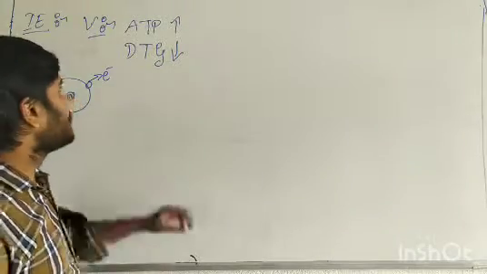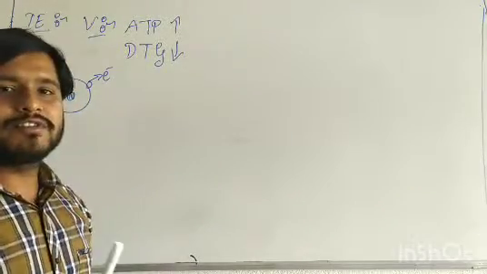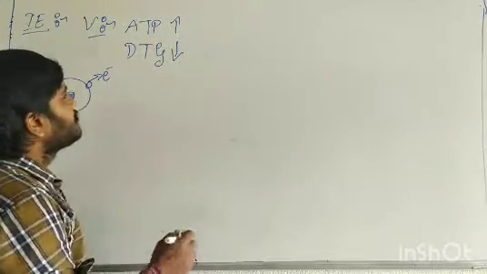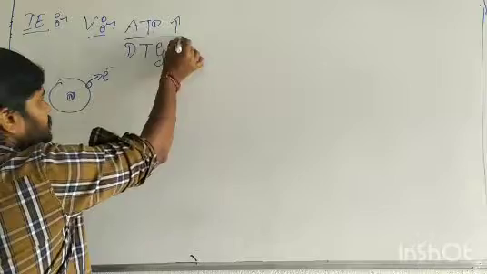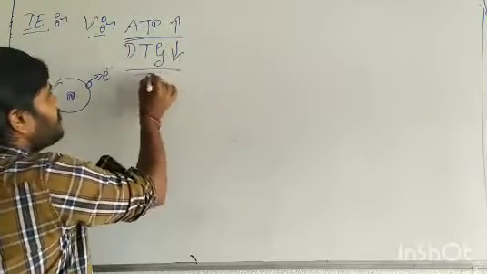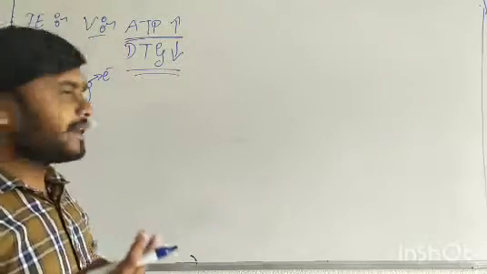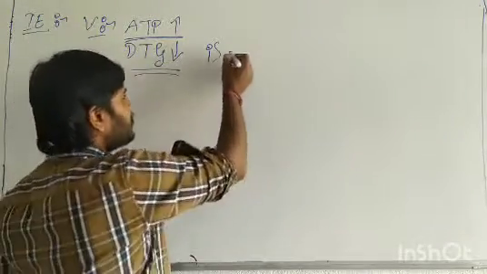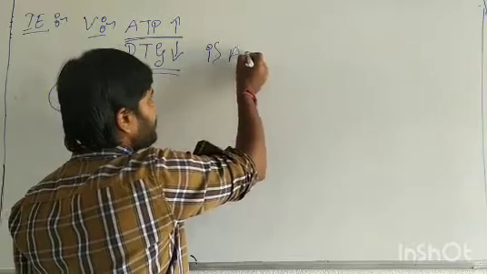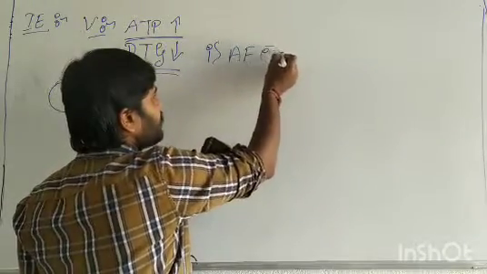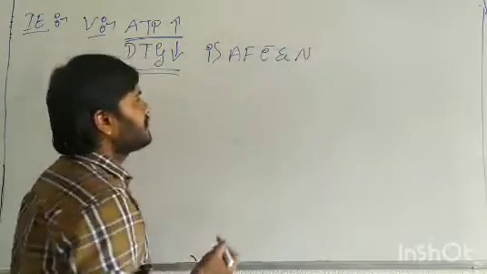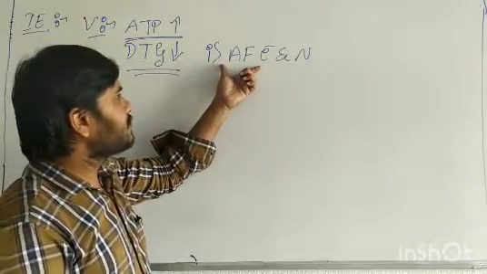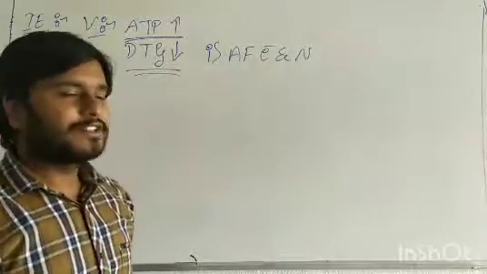Before going to the discussions, I want to discuss a few concepts with you guys. To analyze this, you should know two major things. The first major thing is the attractive force between the electrons and the nucleus.